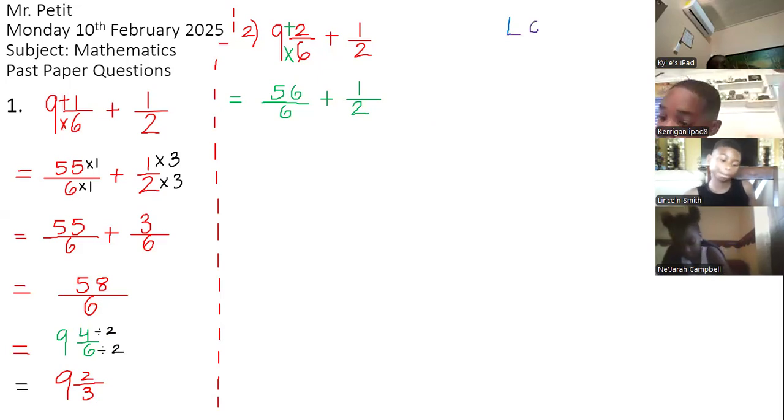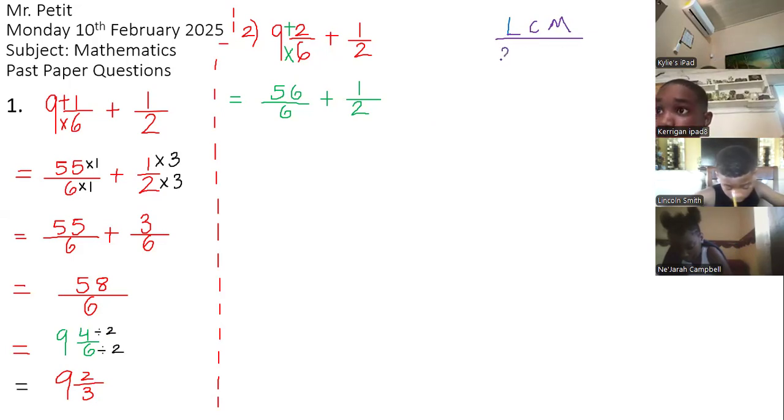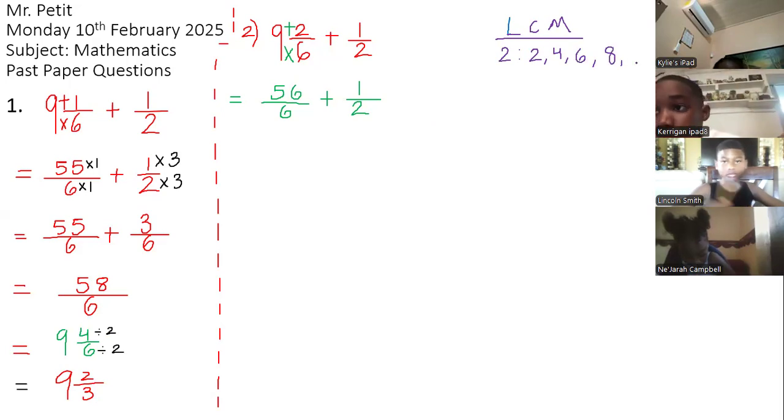Very good. What are the multiples of 2? 2, 4, 6, 8, 10, 12, and so on.